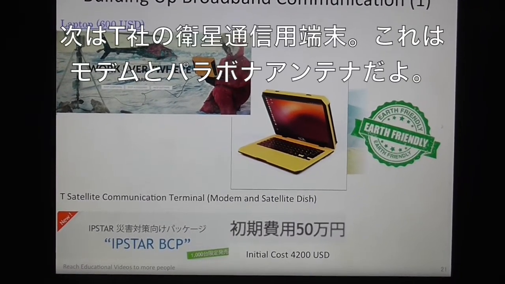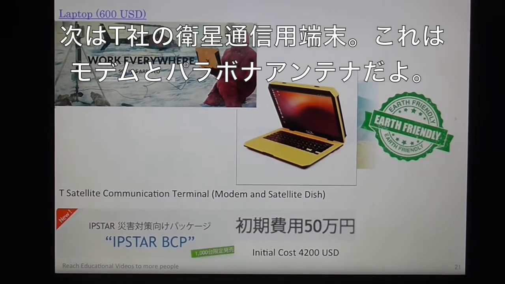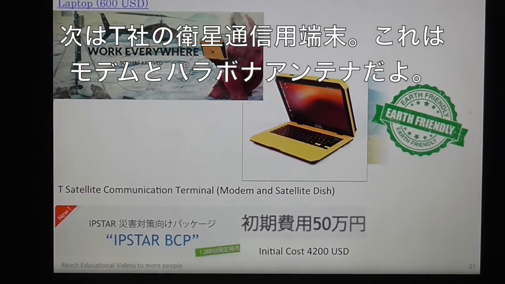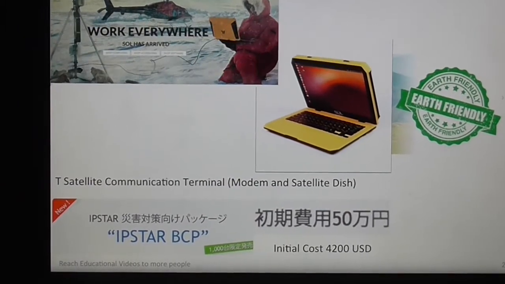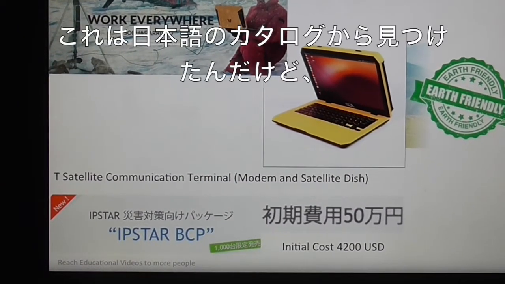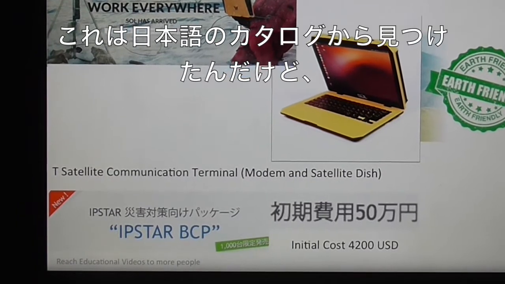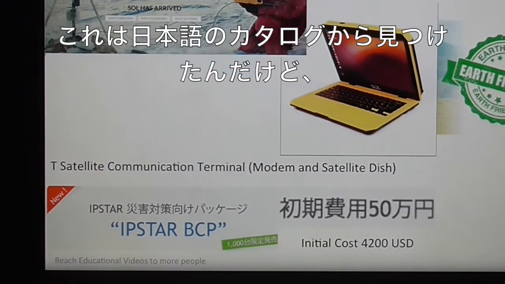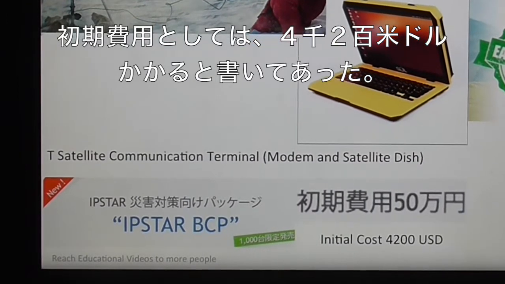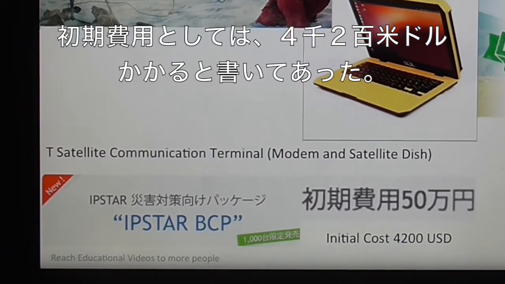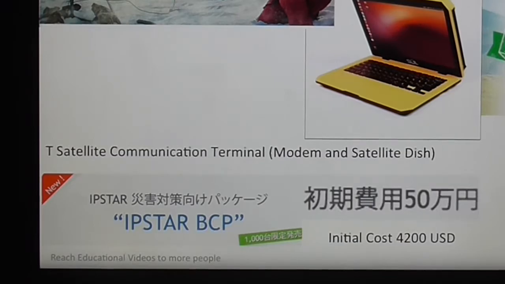And also for the T company's communication terminal, which includes the modem and the satellite dish, I read a little bit of a Japanese catalog, and it said that the initial cost is $4,200 US.